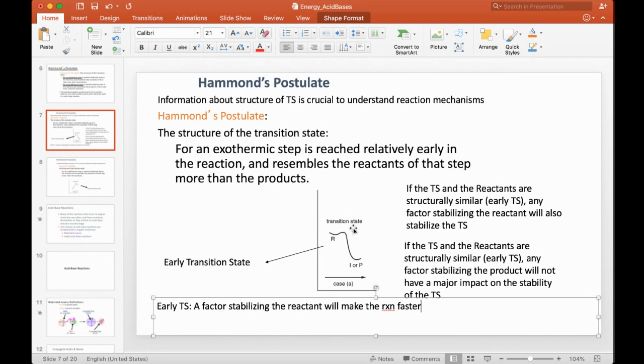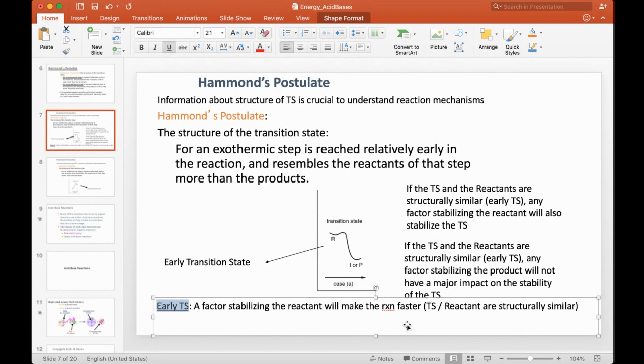Because it's early, because the transition state and reactant are structurally similar.